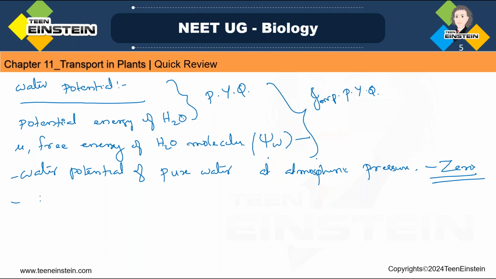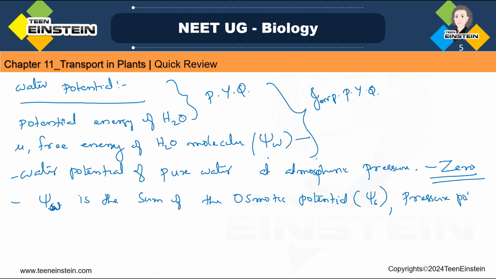And the water potential psi W is the sum of the osmotic potential, psi S, then the pressure potential, psi P, and the matric potential, psi M. So how can we write it?